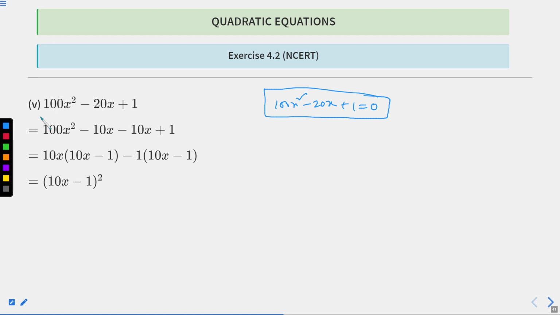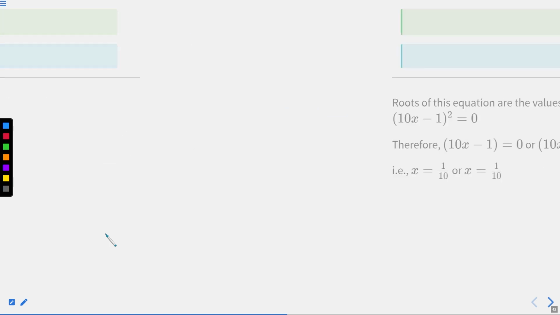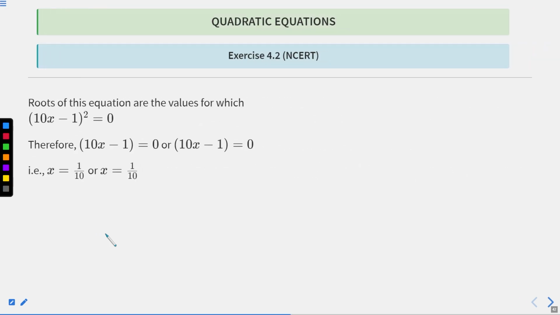So this quadratic polynomial is equal to 100x² - 10x - 10x + 1, and this is equal to 10x(10x - 1) - 1(10x - 1), which is (10x - 1)². So the roots of this equation are the values for which (10x - 1)² is equal to 0.